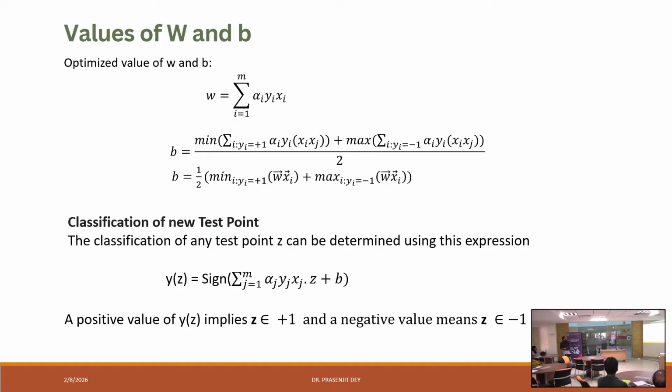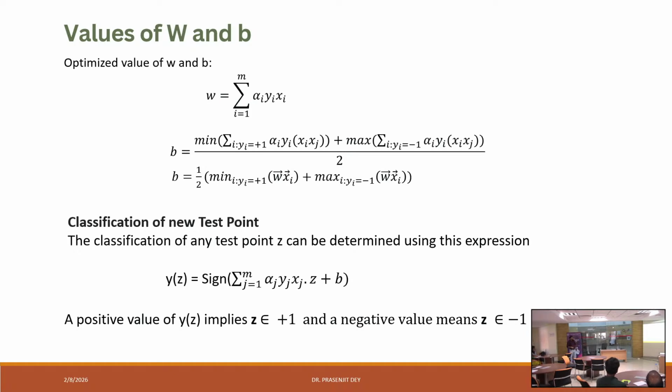And B, if you sort it out, looks like this: B equal to half of the cases where yi is positive and the cases where the sample is negative; if you take the minimum of one and the max of the other, you are going to get the value of B. I am not going into that detail. So end of the day, this was my expression.